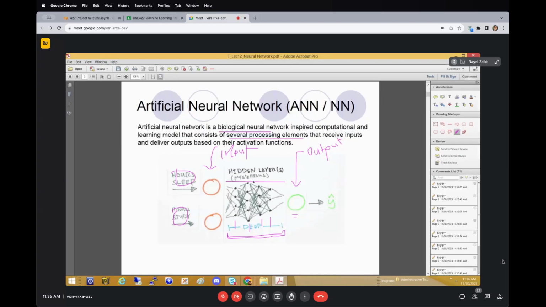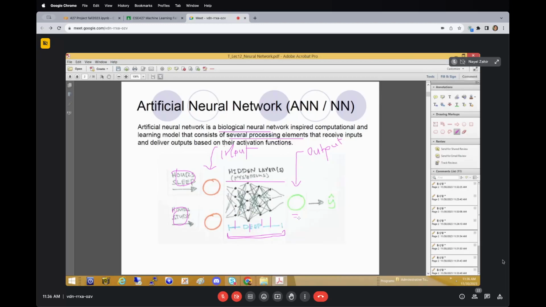So that is the case, but why is this part called mysterious, or the black box? In this kind of neural network, here we have hours of study and hours of sleep as the input.